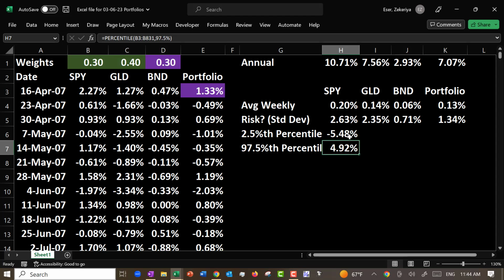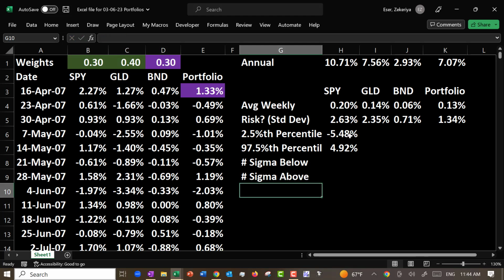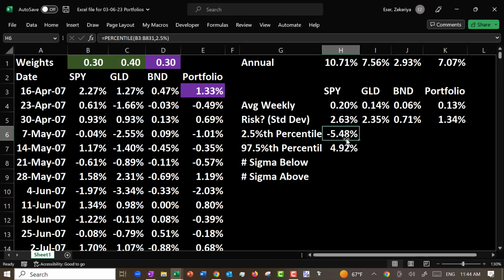Well, let's do number of sigma below. So think of it this way. Let's figure out how to get that number.